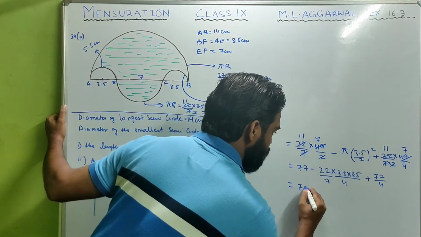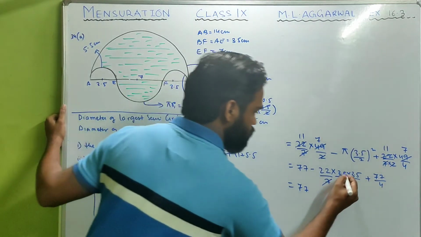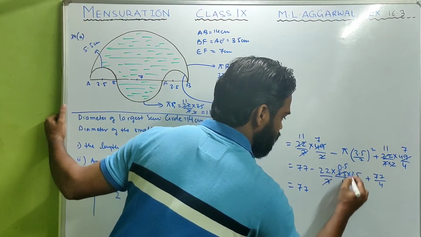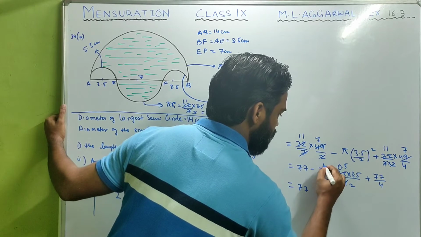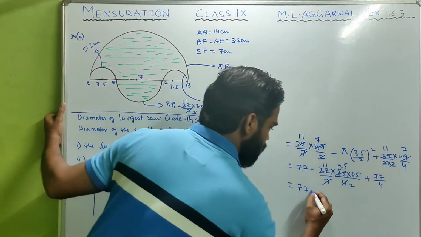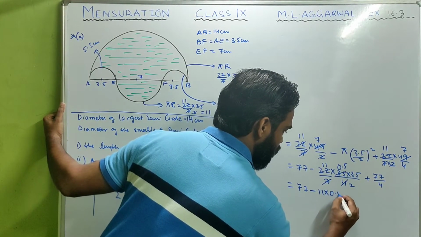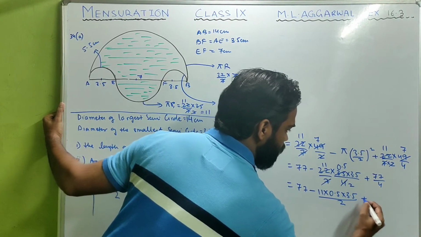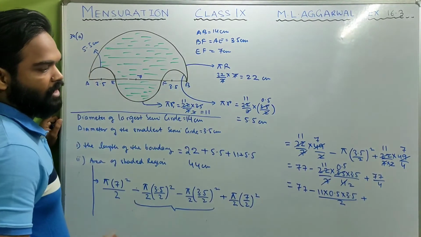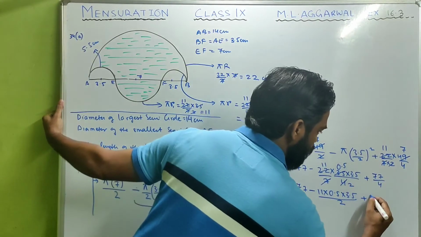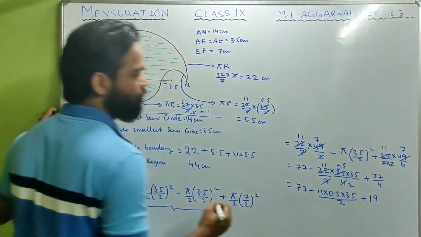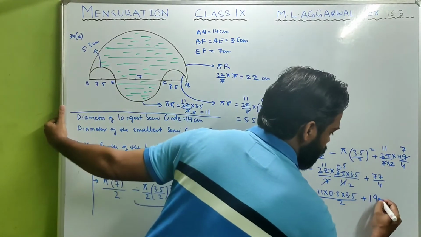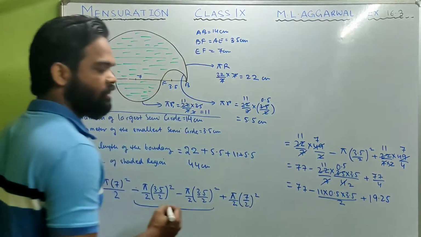So that's 77, minus 11 multiplied by 0.5 multiplied by 3.5 by 2, plus that is 4 nines are 36, 19.25, isn't it?